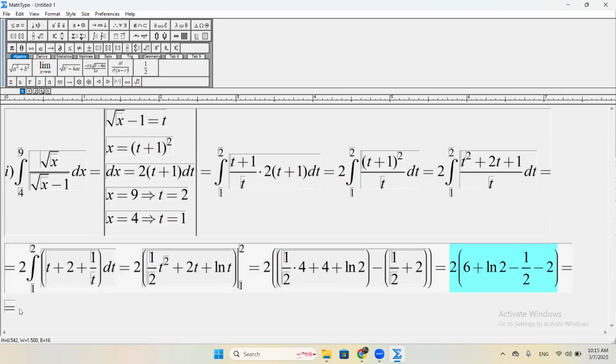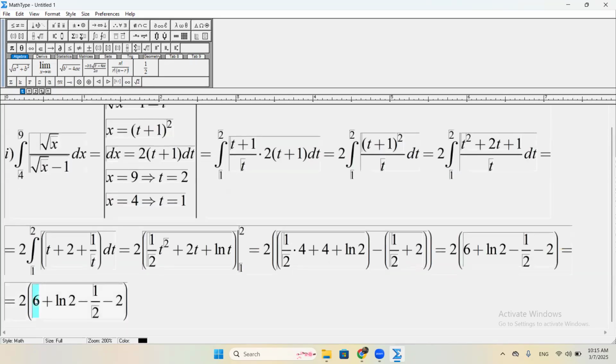First of all, let's also calculate 6 minus 2, so 4 here, and then we will expand the brackets. So the answer equals 8 plus 2 logarithm of 2 minus 1, so 7 minus 2 logarithm of 2.